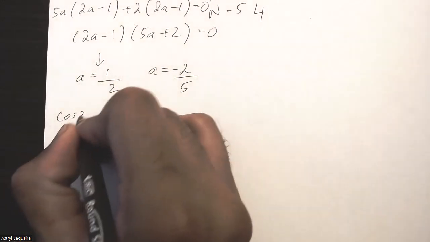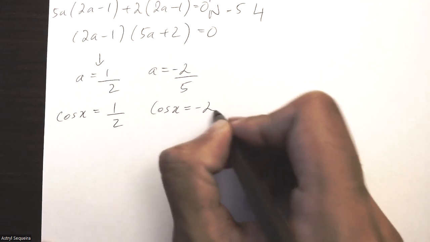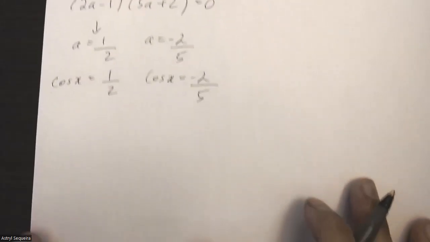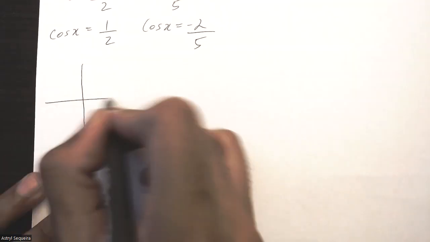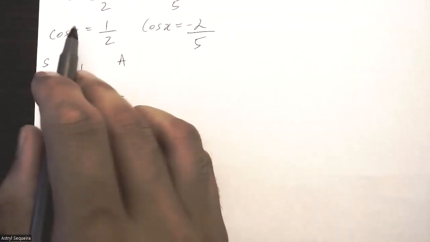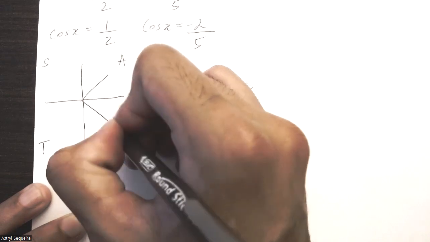Now I can replace a back with cos x. So now I have cos x equals 1 over 2 and cos x equals negative 2 over 5. And I can solve these two equations using my CAST rule. The cos is positive in quadrant 1 and quadrant 4.